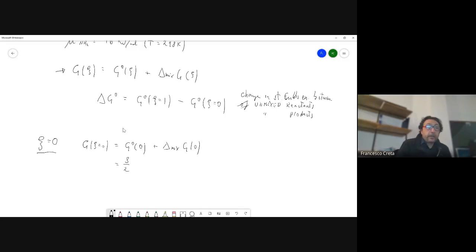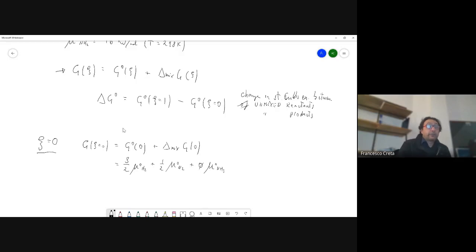So it will be 3 halves mu 0 for hydrogen plus, remember, this is the composition when psi equals 0, a half mu 0 nitrogen, plus 0 moles of ammonia.